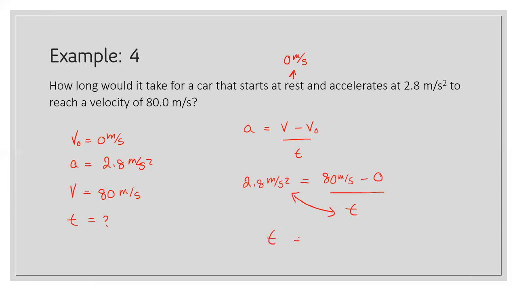So time is going to be equal to 80 meters per second divided by 2.8. 80 divided by 2.8 leaves us with 29 seconds. And I did the conversion on speed on that. 80 meters per second is equal to 288 kilometers per hour. So it's not your average Civic, put it that way.